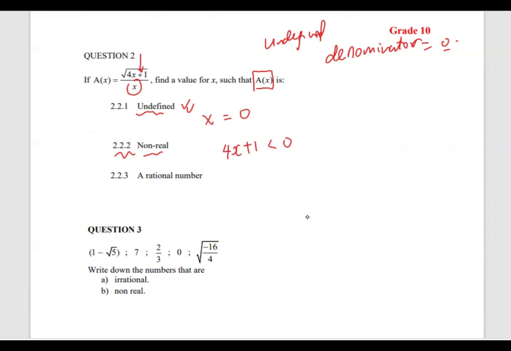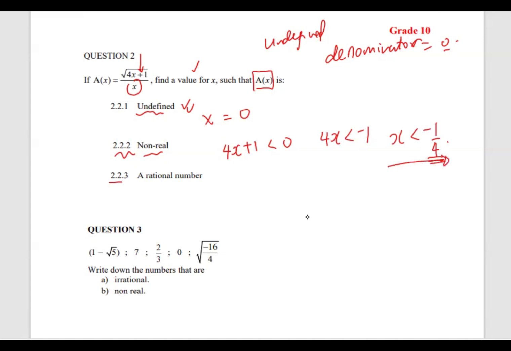So I'll move the one that side. So 4x will be less than negative 1, and then x must be less than negative a quarter. So all numbers that are less than negative a quarter will satisfy this question. Now, since they just say value, you can take just one number that is less than negative a quarter, but this will represent all the solutions for that case.